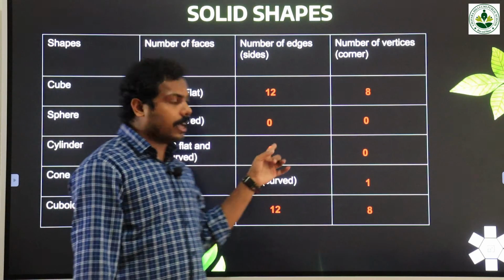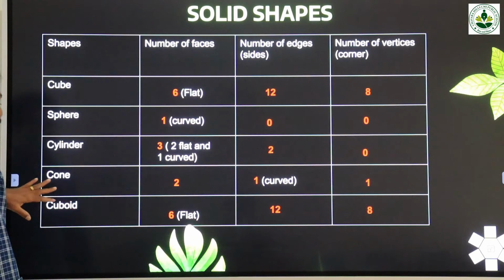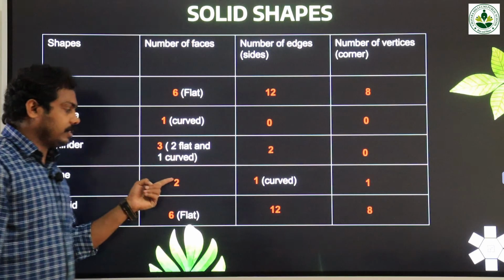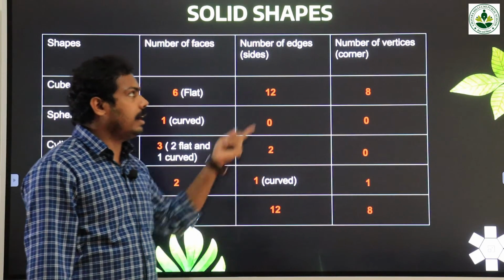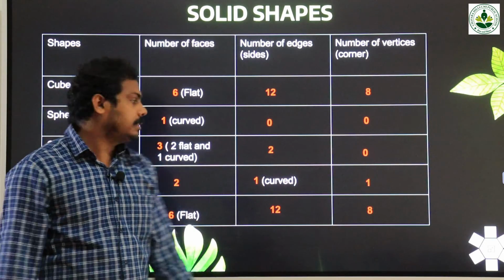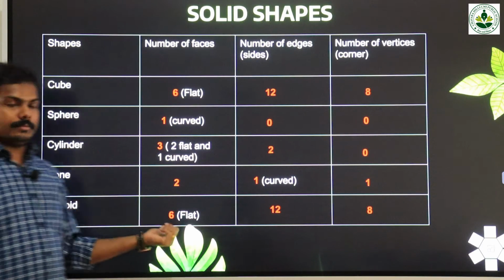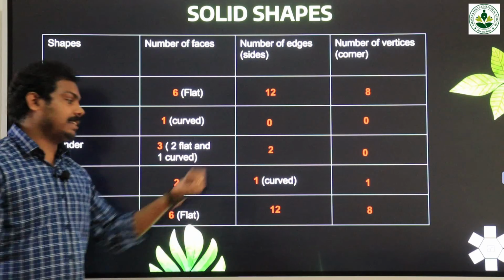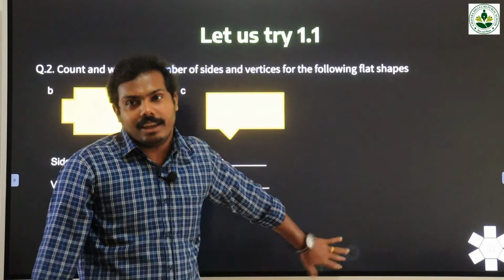Number of edges are 2 and the number of vertices is 0. Then a cone. The number of faces of a cone is 2, number of edges, that is 1, and number of vertices also 1. Cuboid, number of faces 6, number of edges 12, number of vertices are 8.